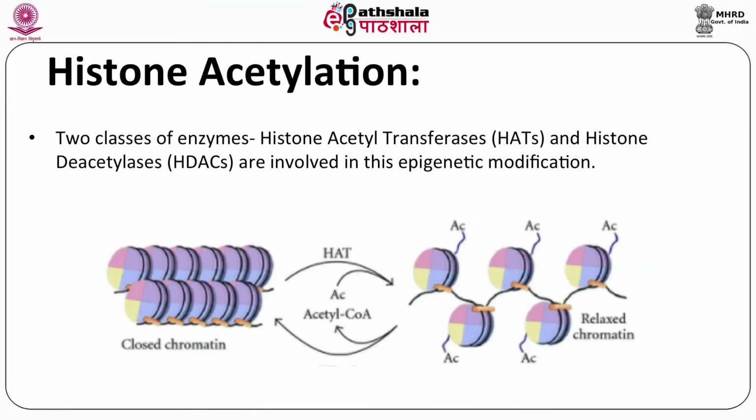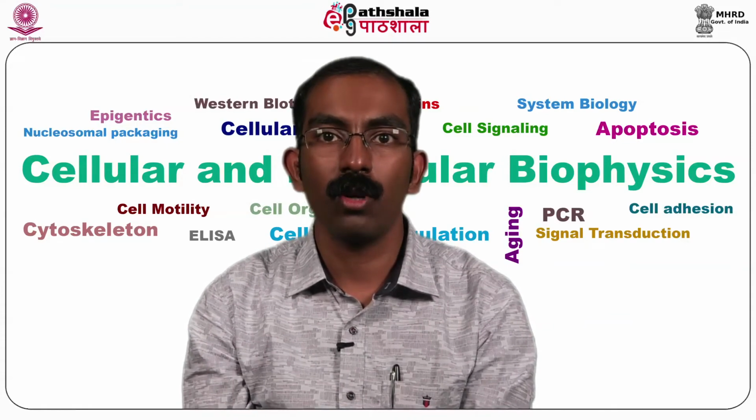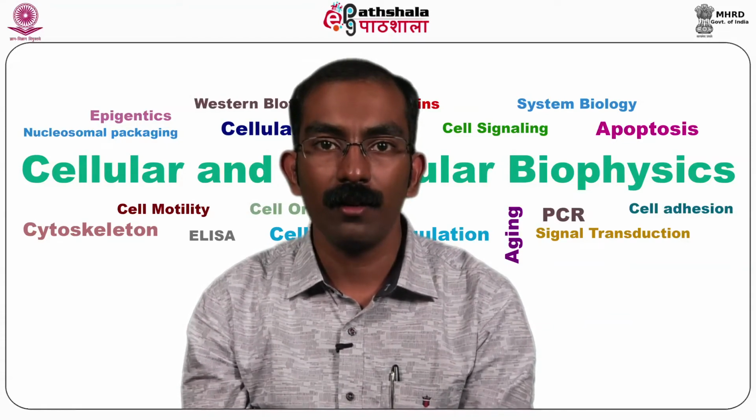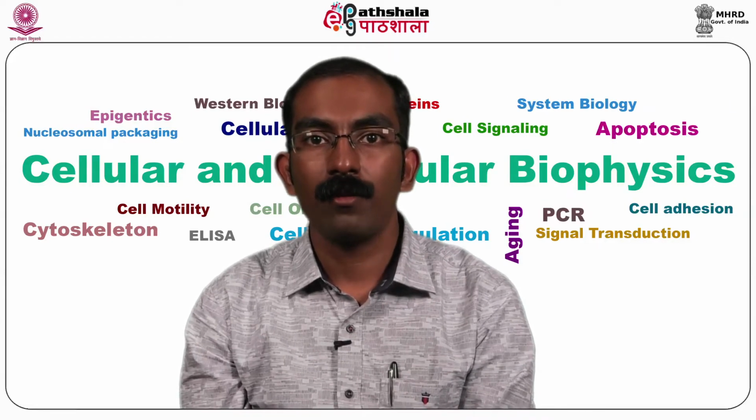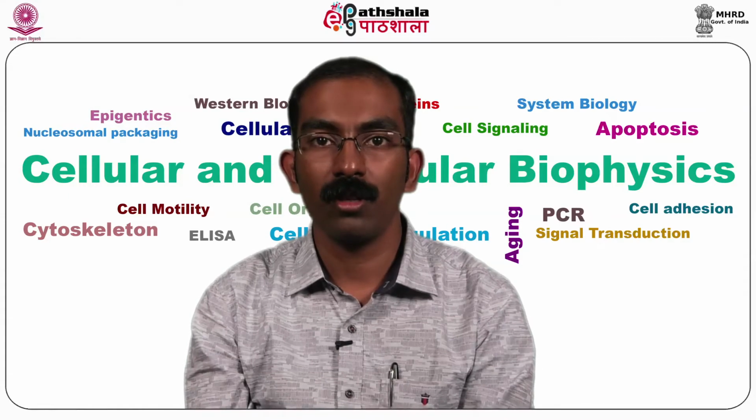Just as I mentioned, histone acetyltransferases add an acetyl group with the help of acetyl-CoA to the lysine residues of histones, and this results in the loss of the positive charge, thus decreasing the interaction between DNA and histones, leading to unwinding of the histones. And this unwinding makes the DNA more accessible to various proteins, including transcription factors.